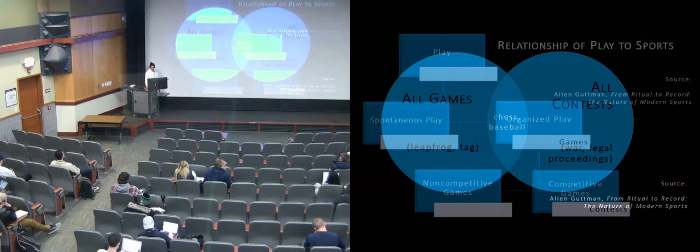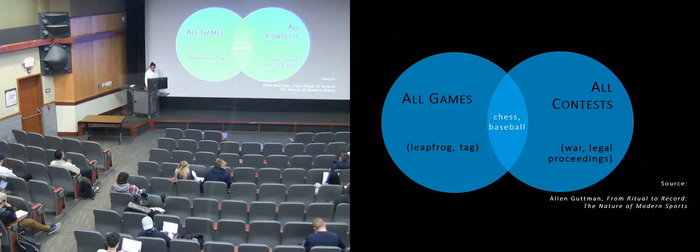So this left Professor Gutman with this Venn diagram to illustrate that not all games are contests and not all contests are games, but also that there is an overlapping subset of play activities which are both games and contests.